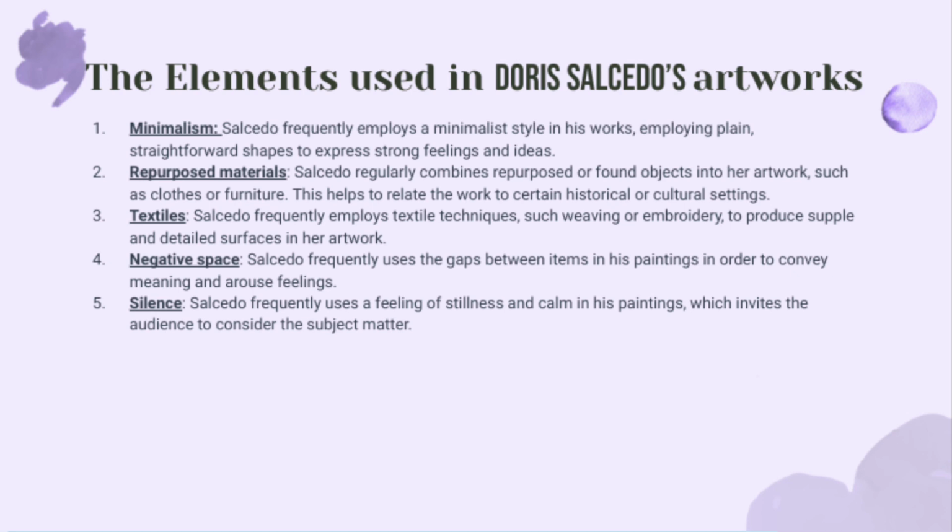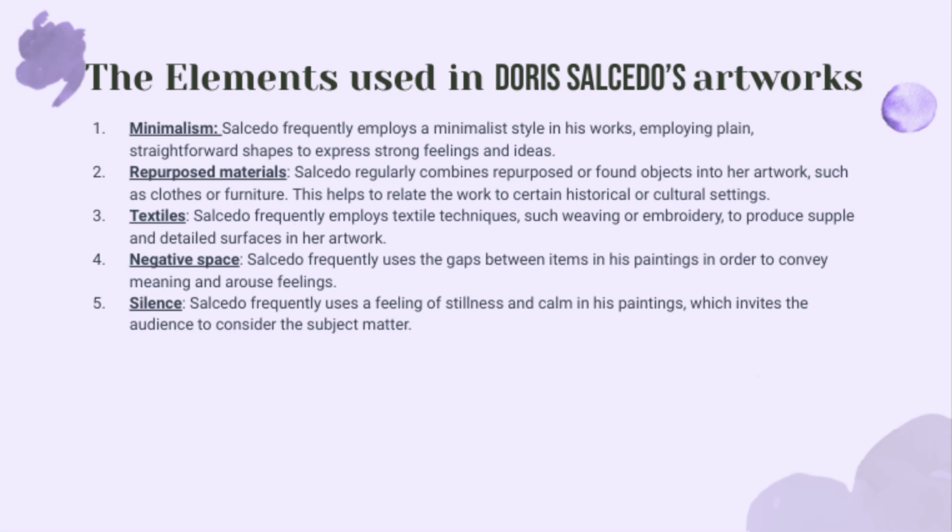Salcido frequently employs a minimalist style in her work, employing plain, straightforward shapes to express strong feelings and ideas. Repurposed materials. Salcido regularly combines repurposed or found objects in her artwork, such as clothes or furniture. This helps to relate the work to certain historical or cultural settings.